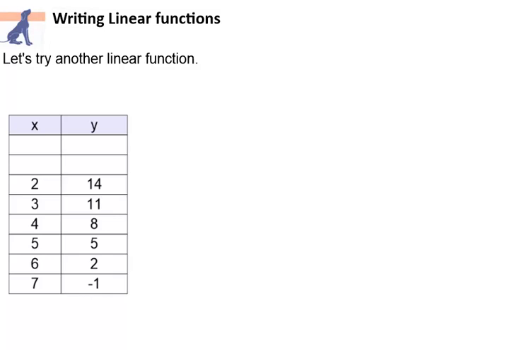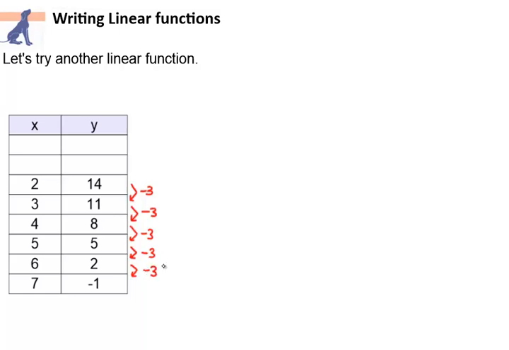Let's try another one. Okay, so if you notice here, in this one, we didn't start with 0, we started with 2. So let's do the same process. Let's find out our pattern. So we subtract 3, we subtract 3, we subtract 3, and we subtract 3, and so on and so forth.